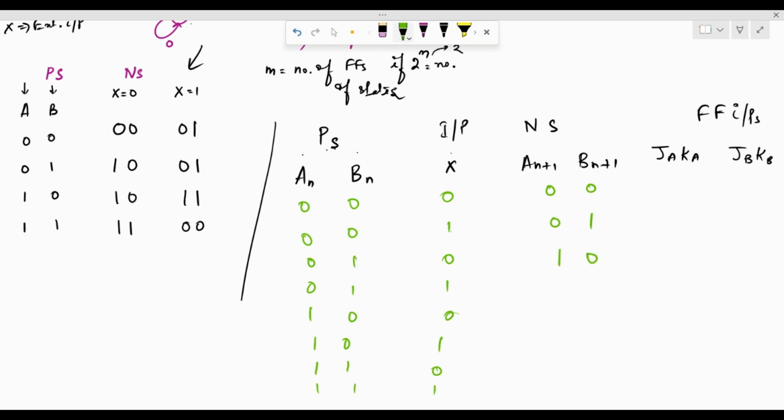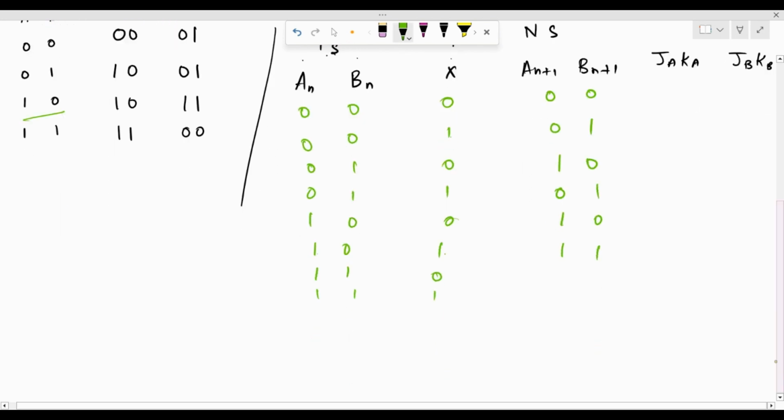For X equal to 1, we have 01. For 01, with X equal to 0, we have 10. With X equal to 1, we have 01. For 10, with X equal to 0, the next state is 10. For 10 again, with X equal to 1, we have 11. The last one, for 11, with X equal to 0 it is 11, and for X equal to 1 it is 00.